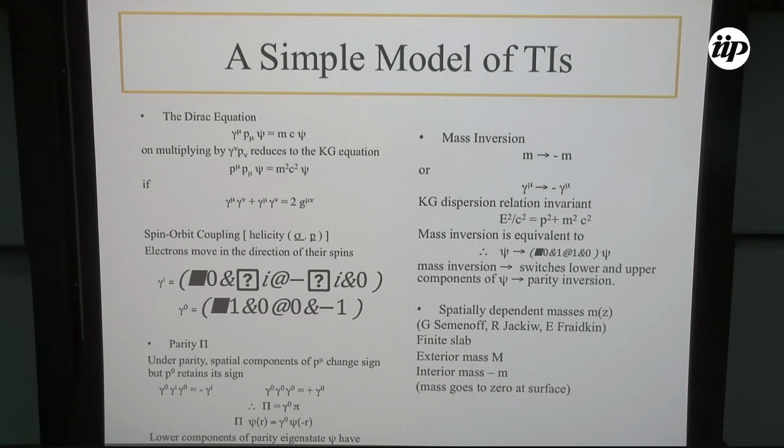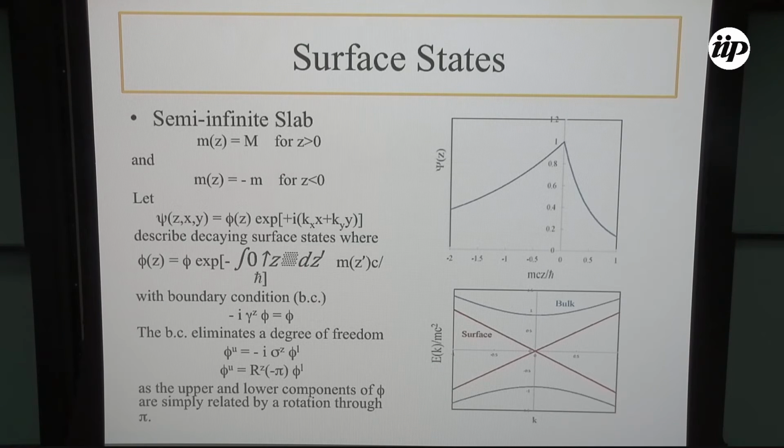Inside the material you could have a small negative mass, which means you have the opposite parity. The mass goes automatically to 0 at the surface, so we have a mass which changes sign at the surface, inside and outside.